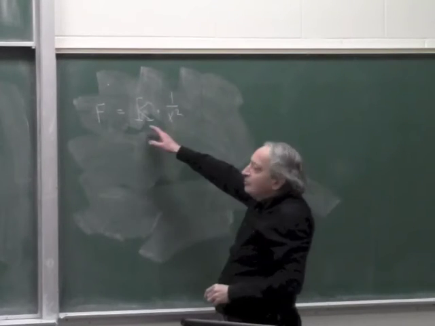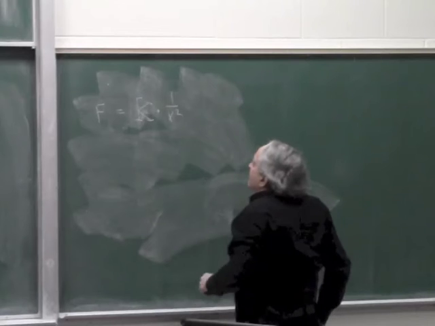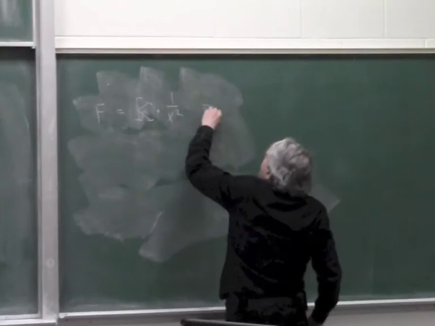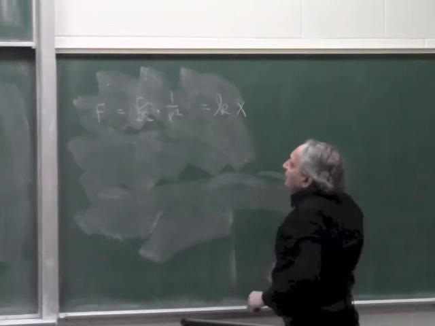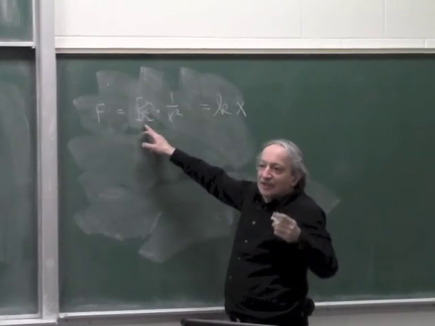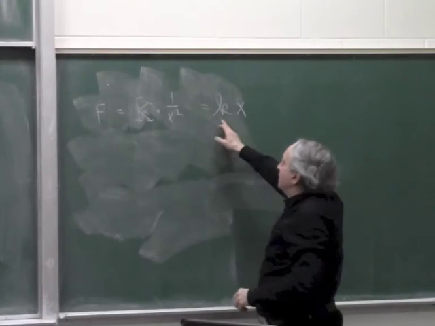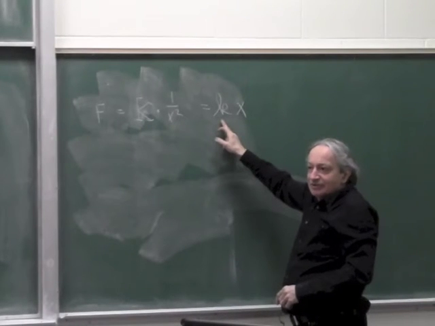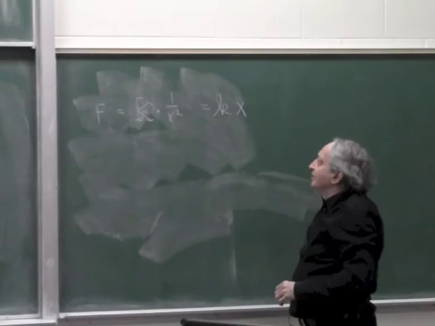And this big K includes I and everything. This has to be equal to kx. The big K is a constant of the moving iron actuator, little k is just the force constant of the spring.